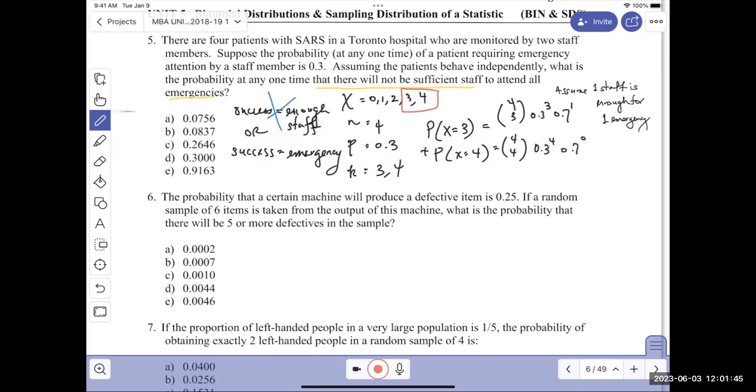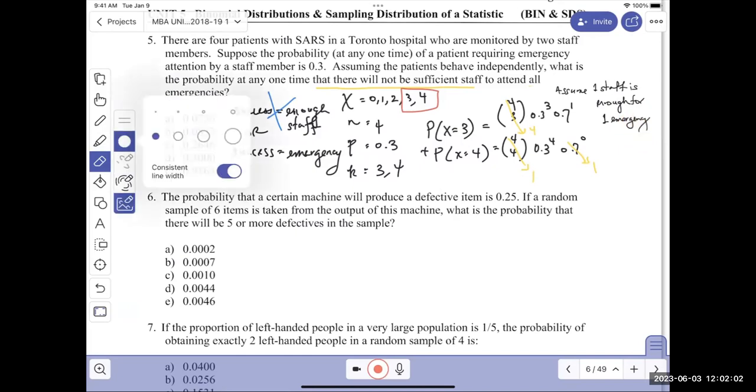And you see how things simplify quite nicely. This becomes 1, and this becomes 4, and this becomes 1.